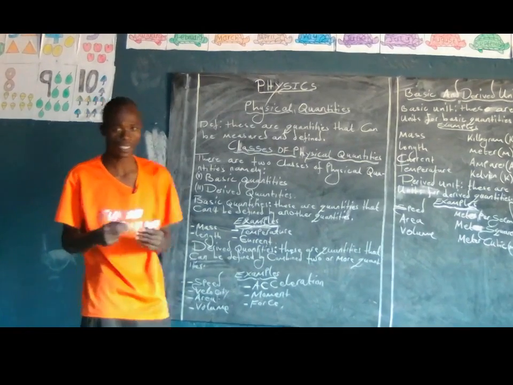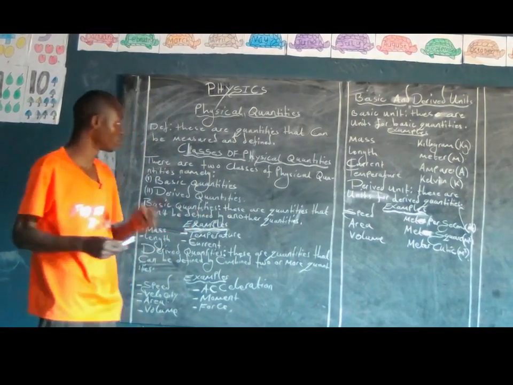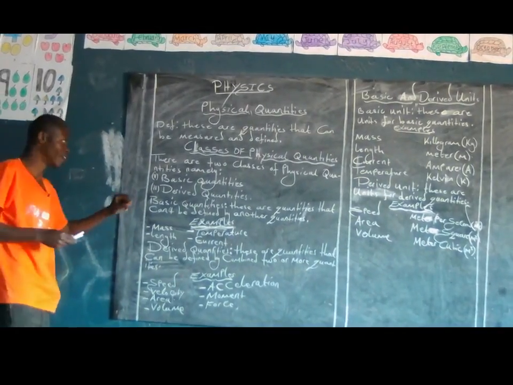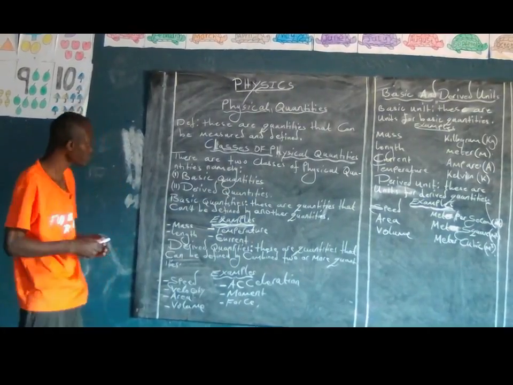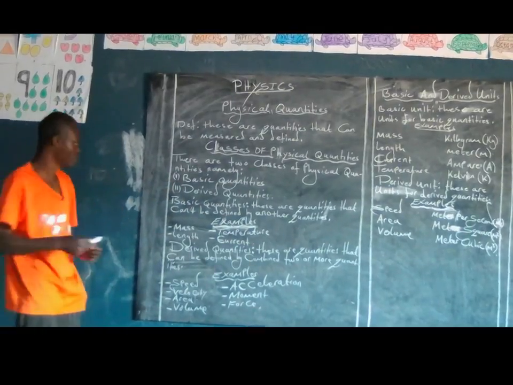Now, these physical quantities are in classes. We have two classes of physical quantities, namely, basic quantities, then second, derived quantities.